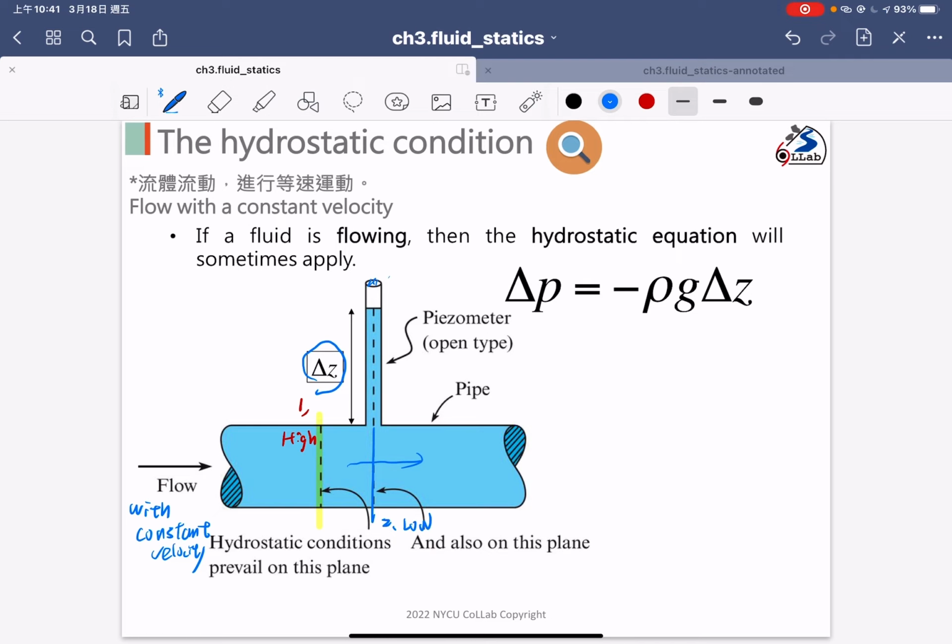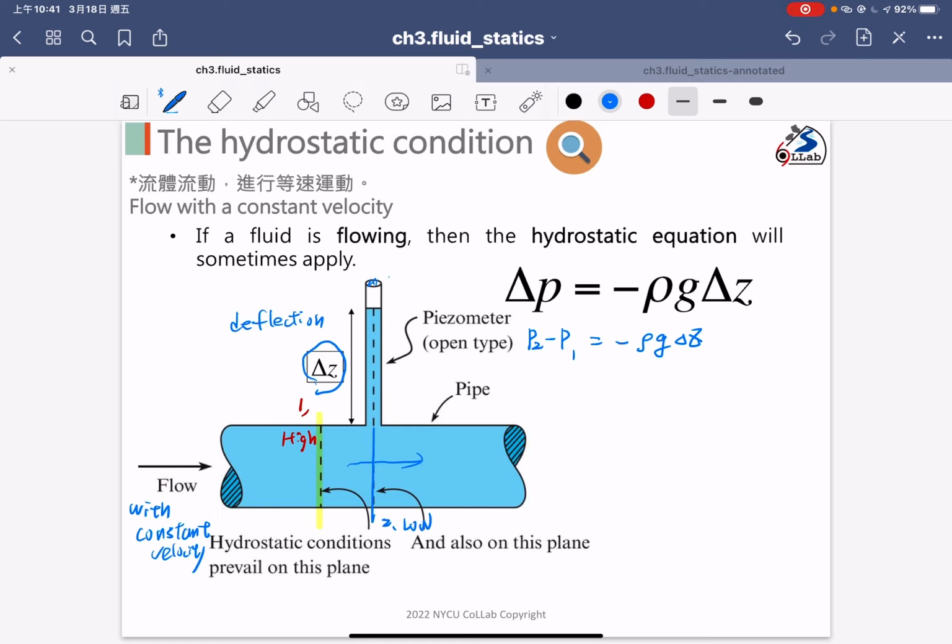That indicates the pressure difference: P2 minus P1 between points 2 and 1 is equal to the density multiplied by g, which is the specific weight gamma, multiplied by the deflection height delta Z.